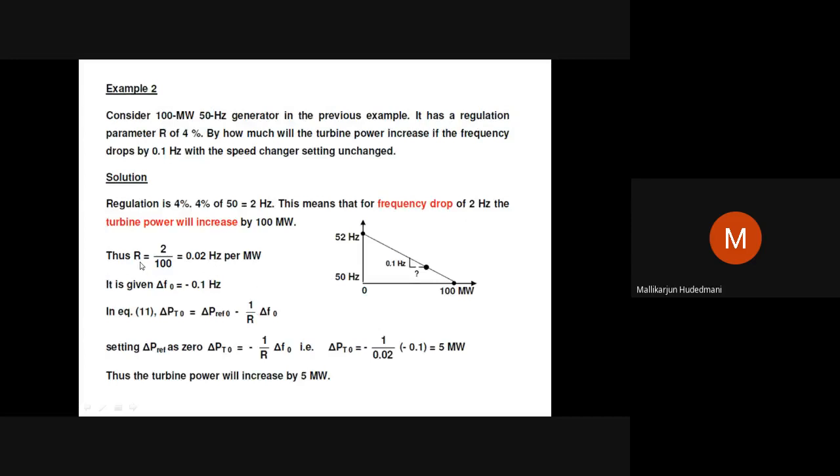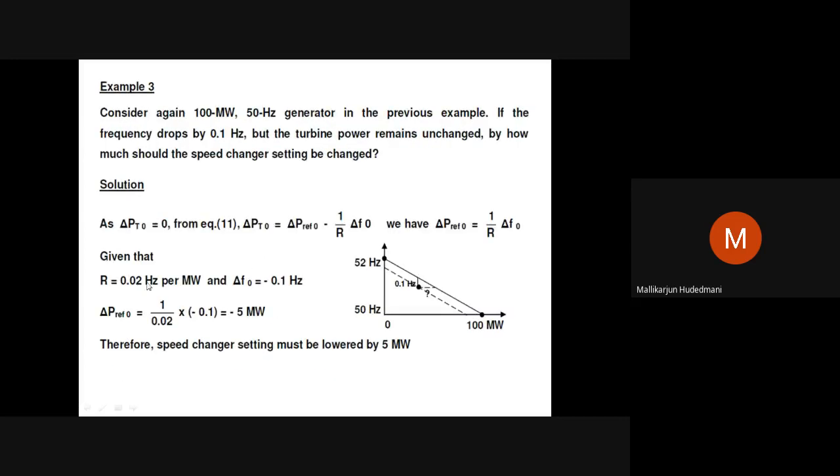In the previous example we got it here: 4% of 50 is 2, and 2 divided by 100 is 0.02 hertz per megawatt. And delta F here is the 0.1 drop in the frequency. Then the P reference shift required is delta F by R.